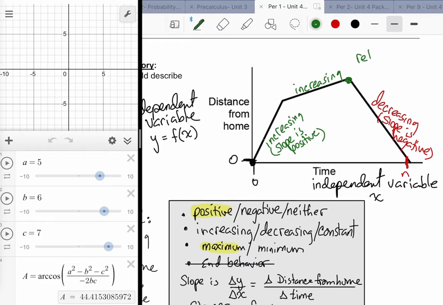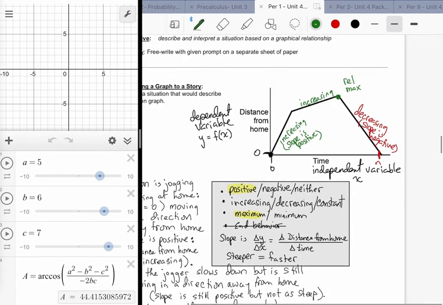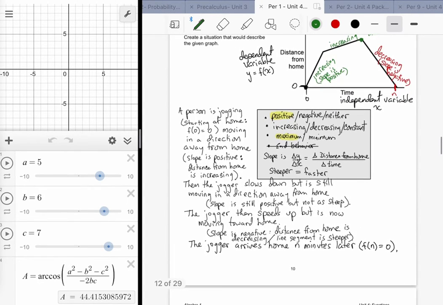A relative maximum occurs when there's a transition from an increasing slope to a decreasing slope. So we could say there is a relative maximum at the moment when he turns around to go home. When the jogger turns around to go home.